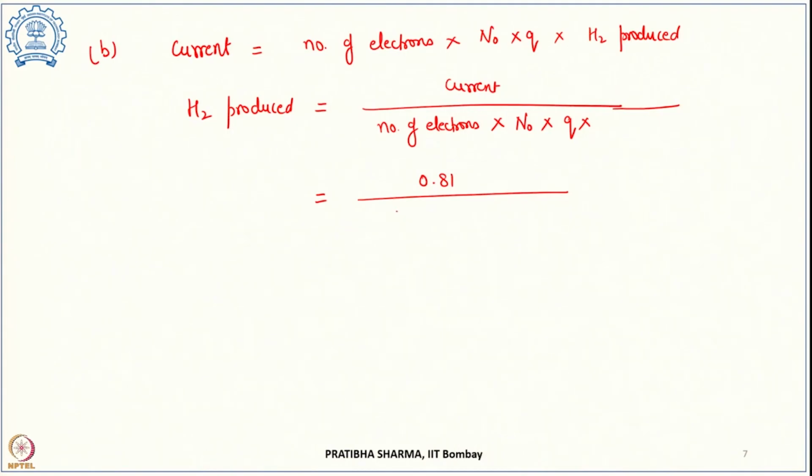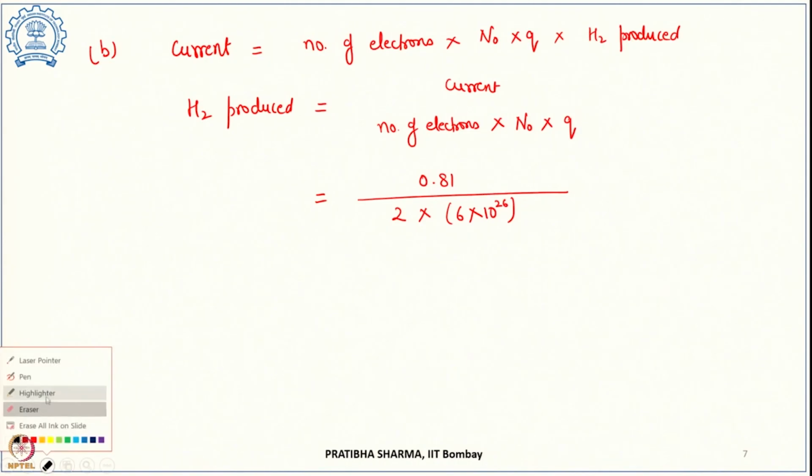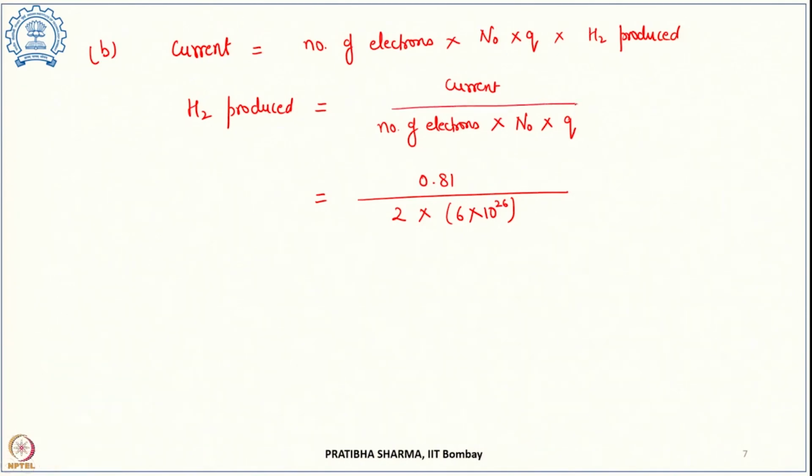The number of electrons transferred in the electrolysis is 2, the value of N naught is 6 into 10 raised to power 26, and the charge on one electron is 1.6 into 10 raised to power minus 19. This will give us hydrogen produced, and the unit will be kilomoles of hydrogen produced per second.